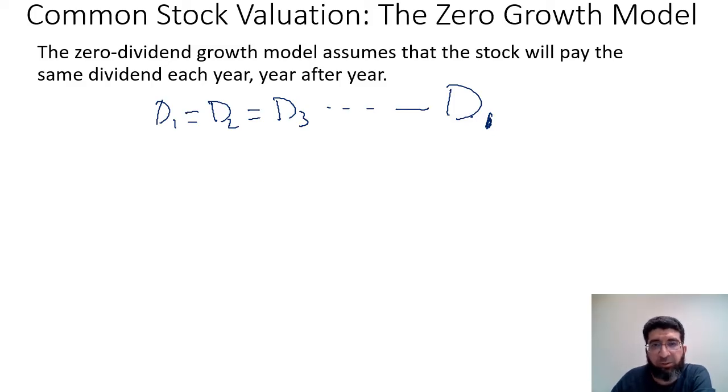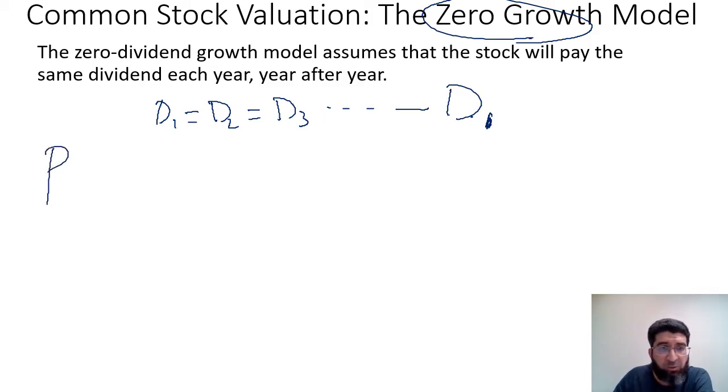It's a convenient assumption in the sense that, unlike interest rates, which are known in advance, we do not know about the dividends: if the firm decides to pay a dividend, what the amount will be, or the growth in the dividend. It would be easier if that were known, but this is not the case. We have no idea how much the firm will eventually grant in dividends, and what the growth rate in the dividend is each year. So this is all uncertain. Hence, a convenient way is to use a zero growth model, which means there is no change in dividend. The first dividend remains for the number of years that we use for the question.